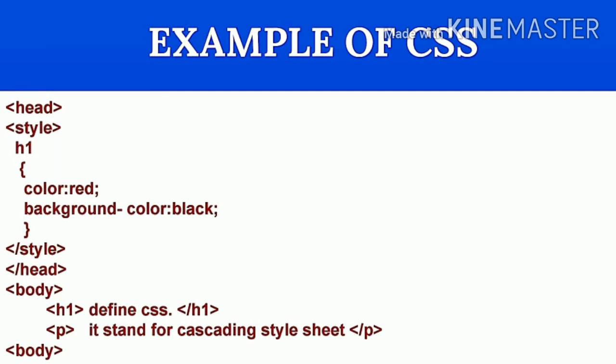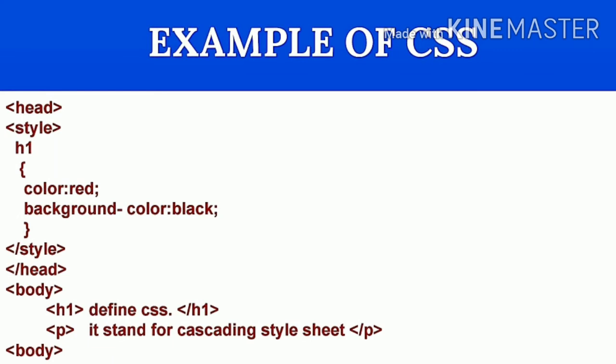In the h1 selector I give some properties and values which are applied on the text written in the h1 tag. The color is red and the background color is black.